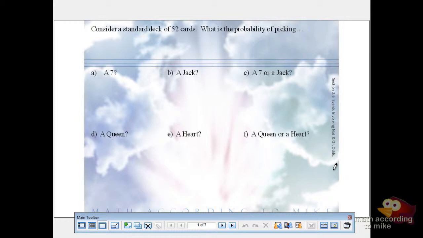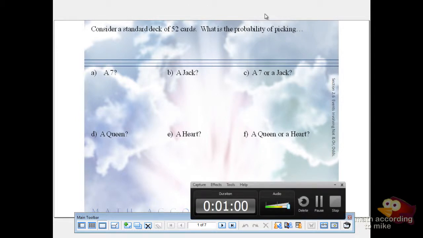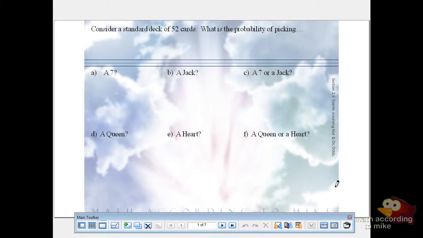So consider a standard deck of 52 cards. What is the probability of picking? Well, by me asking for a probability, I want a fraction, decimal, or percent. Fraction's the easiest here. Part A, picking a 7. So the numerator would represent the number of 7s in a deck of cards. 4.